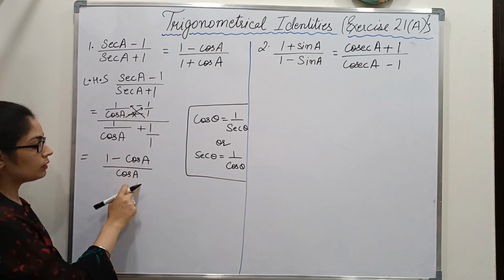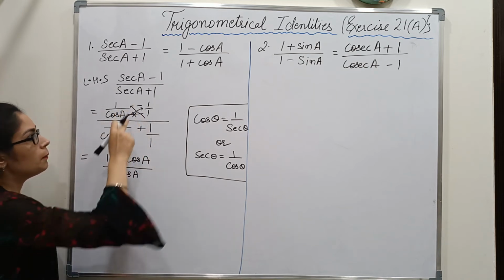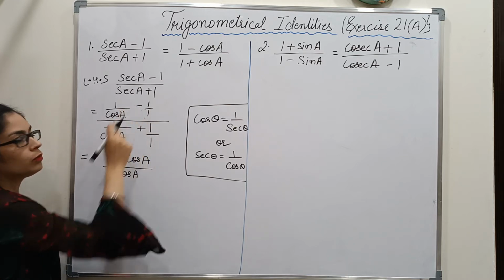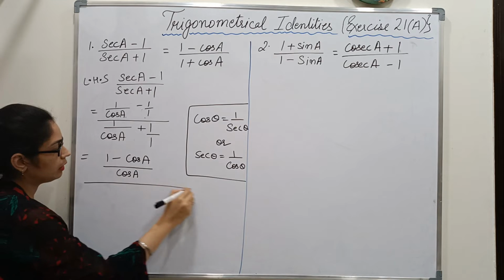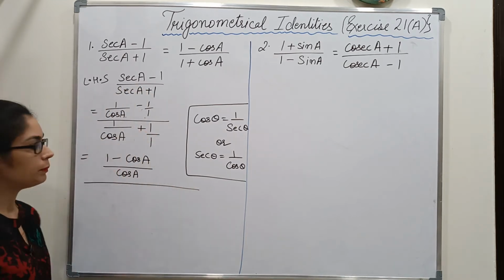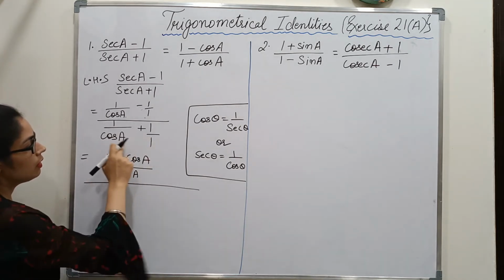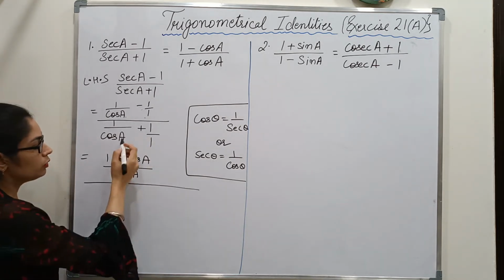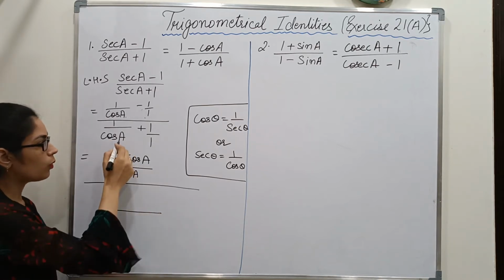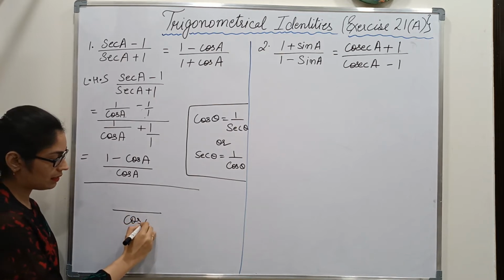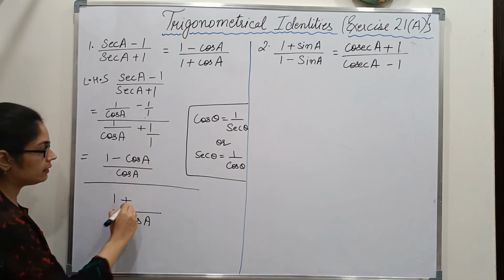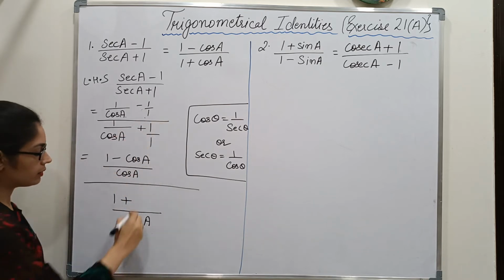So LCM is cos A, 1 into 1, 1, minus sign as it is, and 1 into cos, that is cos A. Now this is my numerator, so I have solved it. Now same way let's solve the denominator. Again the expression is the same, so their LCM will be their multiplication of the denominator. So cos A into 1 is cos A. 1 into 1, 1, plus sign as it is, cos A into 1, cos A.